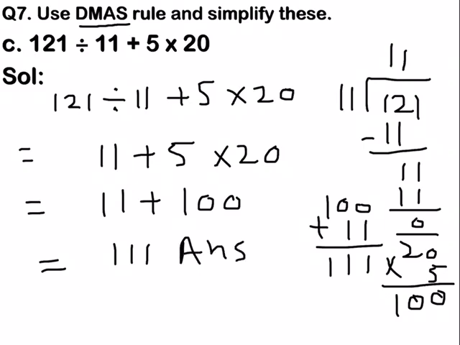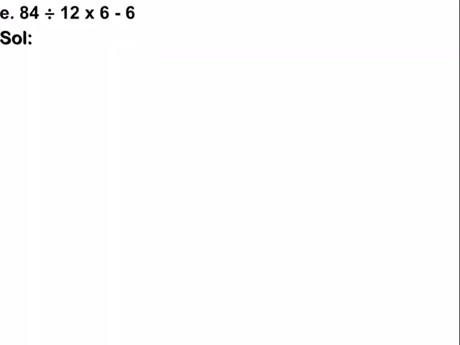Understand student? Okay. Now part E, and the value of part E is 84 divided by 12 multiplied by 6 minus 6. First we will write solution, then we will solve the question, that is 84 divided by 12 multiplied by 6 minus 6.